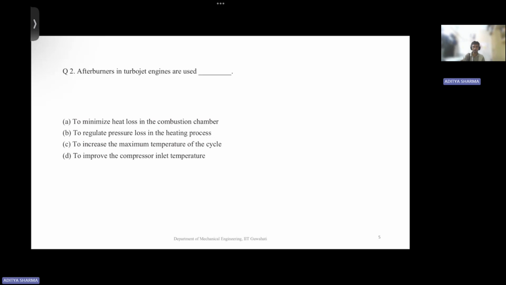The question is on afterburners. It says that afterburners in turbojet engines are used: first option, to minimize the heat loss in combustion chambers; second, to regulate pressure loss in the heating process; third, to increase the maximum temperature of the cycle; fourth, to improve the compressor inlet temperature.